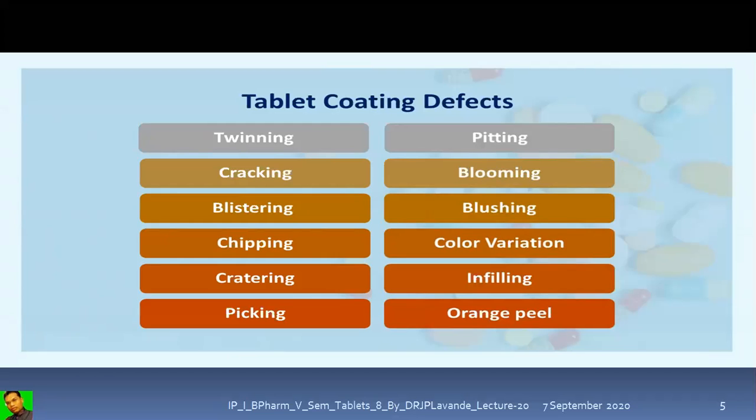Later we saw film coating. Nowadays, every tablet coming into the market is film coated, based on the requirement. If you want to modify the drug release pattern, we have to go for functional coatings, and if we don't want to modify the drug release pattern, we go with non-functional. Non-functional is the immediate release film coating, and functional is the modified release film coating.